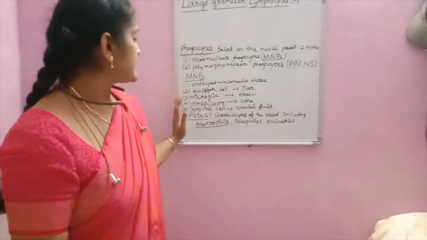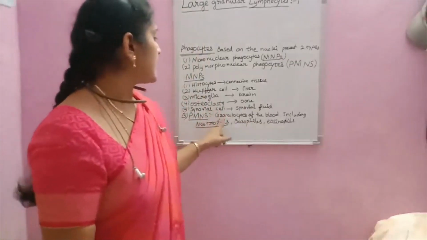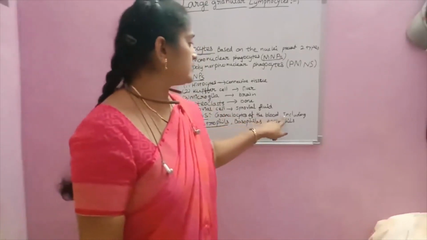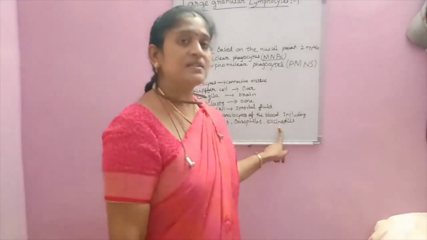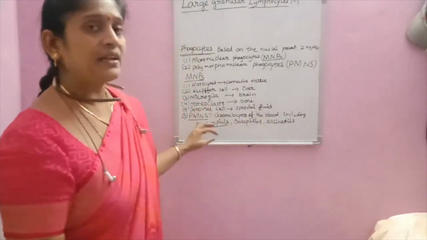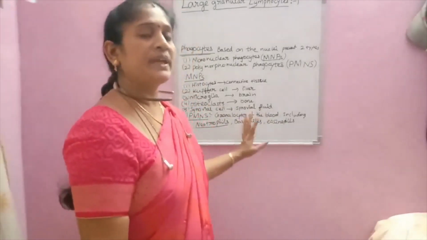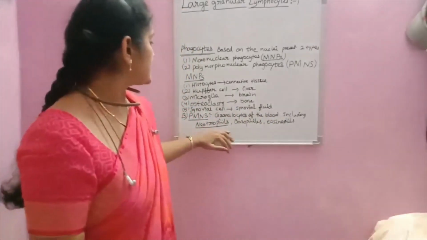These are all things you have learned in first year. So PMNs are granulocytes of the blood, including neutrophils, basophils, and eosinophils. In the blood, the main majority is neutrophils.